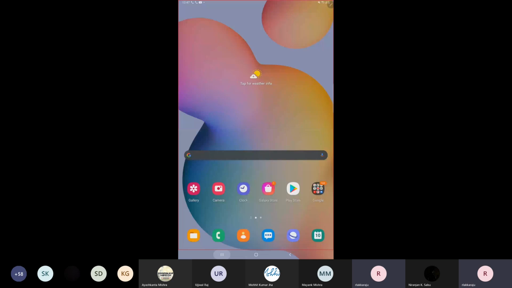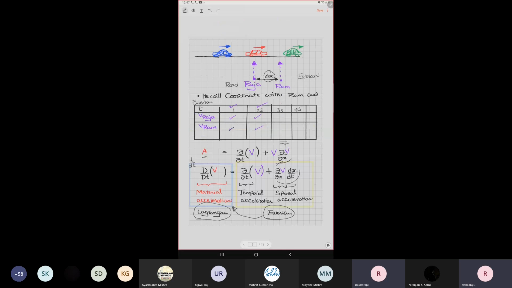Why? We don't know. But that is the traditional way. And that term we call material acceleration or Lagrangian acceleration.